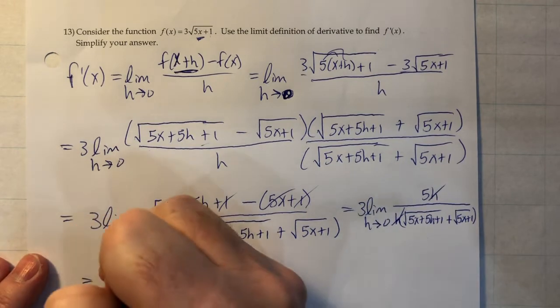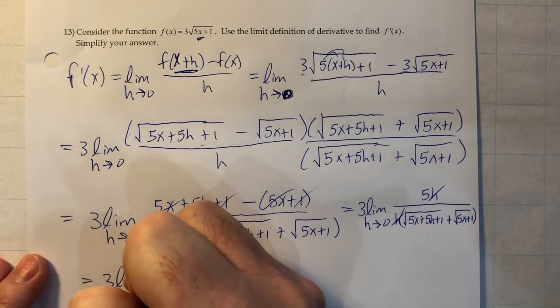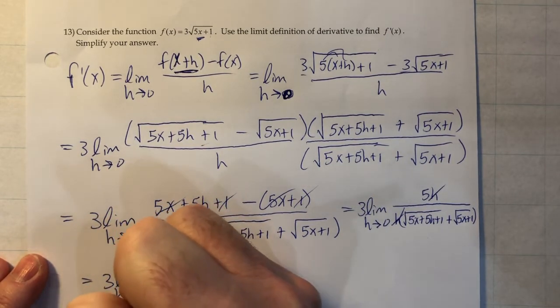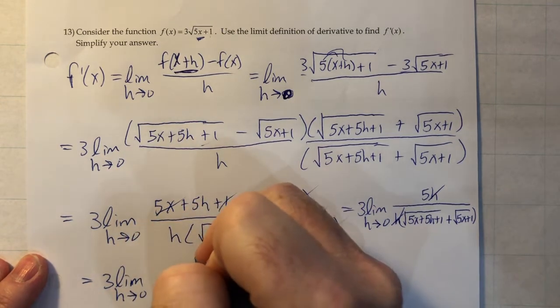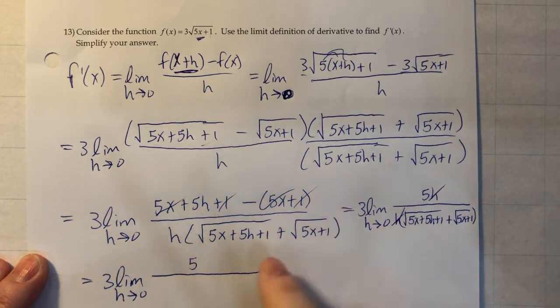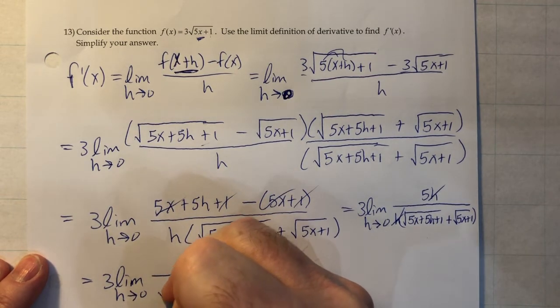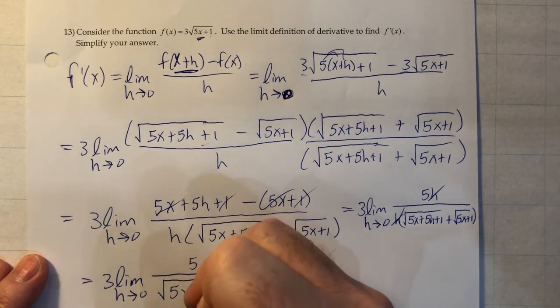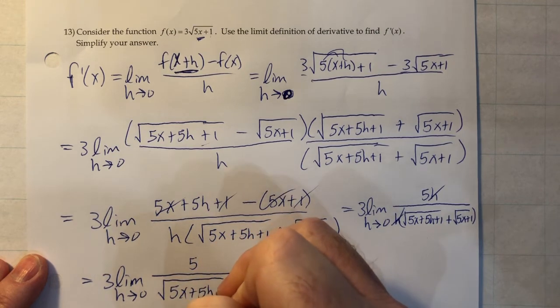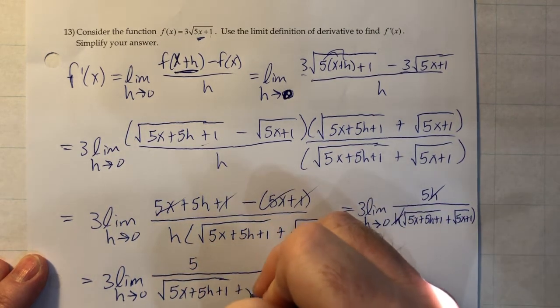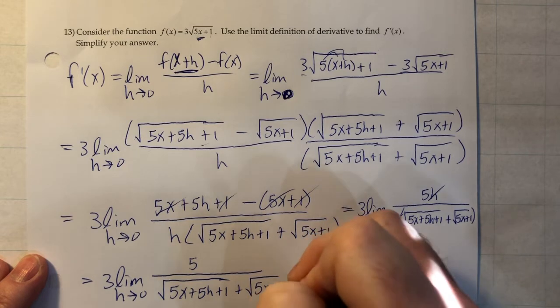So we end up with 3 times the limit as h goes to 0 of just a 5 on the top now, and all this part right here is still on the bottom. So square root of 5x plus 5h plus 1 plus the square root of 5x plus 1.